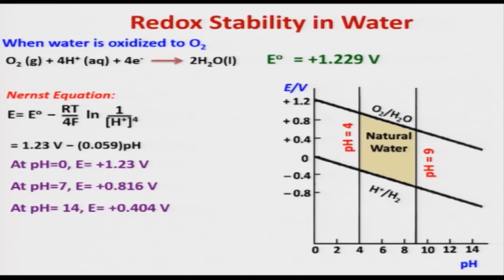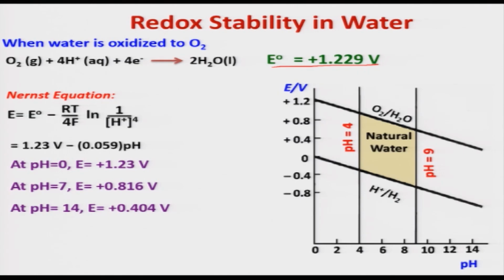Now, let us look a little bit more carefully at the water oxidation process. Oxygen: O2 plus 4H plus 4 electrons gives rise to 2 molecules of water, with an E0 value of 1.229 volt. Now, if you use the Nernst equation, you can relate this potential with the pH, and as you can see, once you change the pH, you can also vary the potential of this couple.